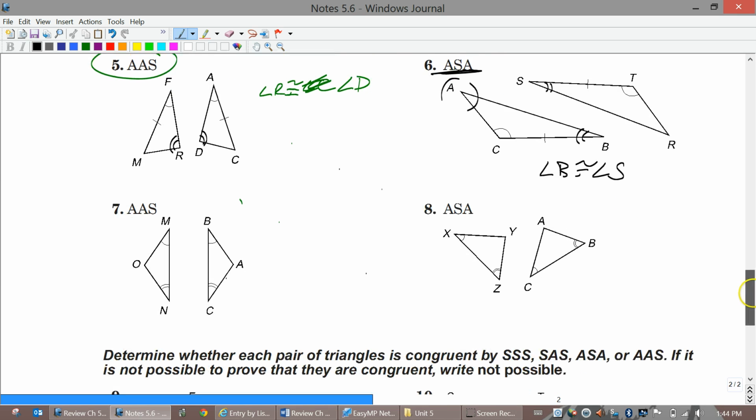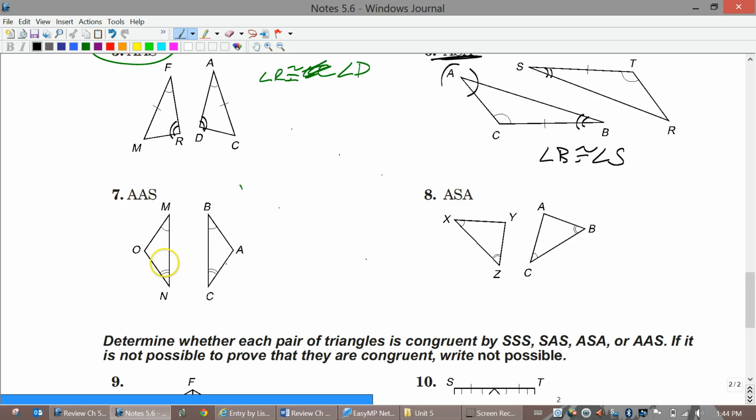And we can continue. AAS, AA. Okay, we need the S on the outside of those 2 angles. So we could do 2 angles, then 1 side. Okay, so we could do OM congruent to AB. Or there's a second version.